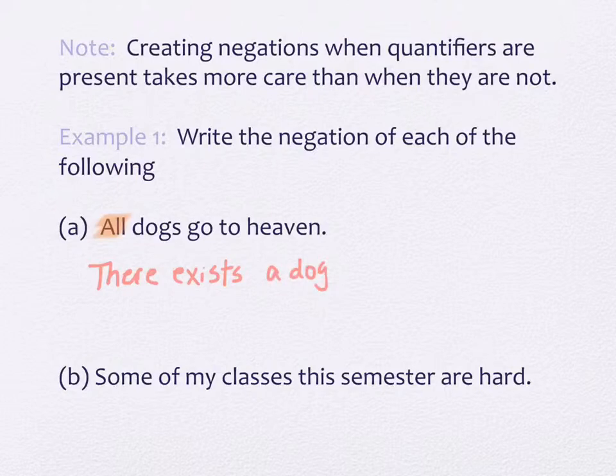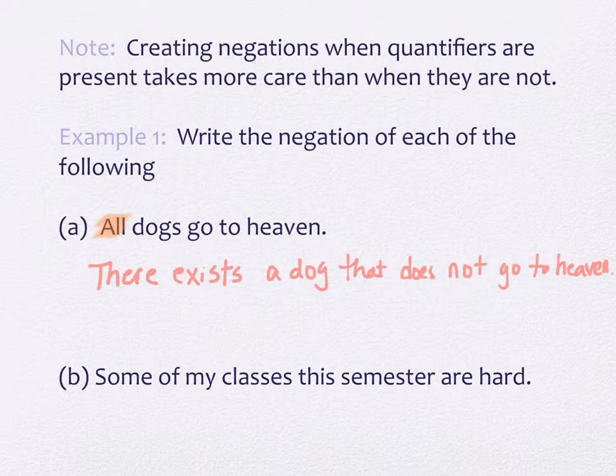that what? Yeah, that doesn't go to heaven. There exists a dog. That's very sad, I know. There exists a dog that does not go to heaven. Now, the one that I just wrote down is kind of wordy.